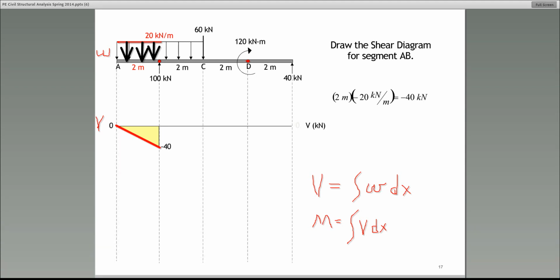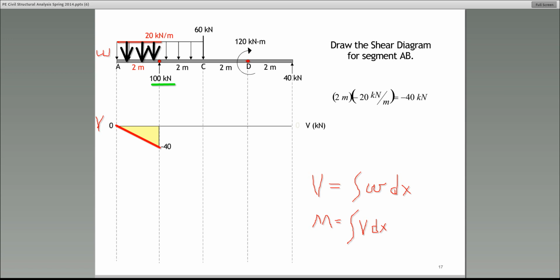All right. Tell me, what happens as we go from B to C? As we go from B to C, what degree curve does the shear need? Well, it would be a first degree with a negative slope. However, what happens at B is this 100 kilonewton reaction. Please make a note of it.